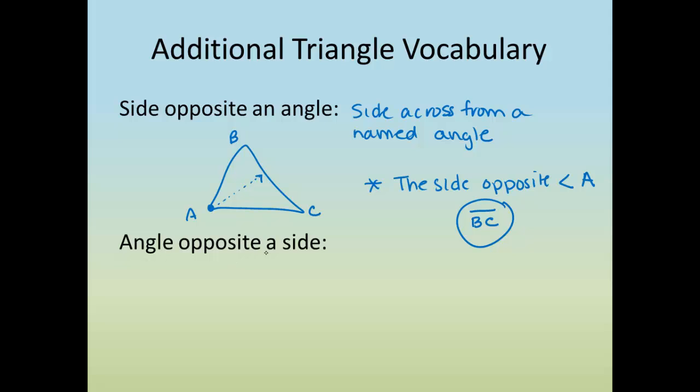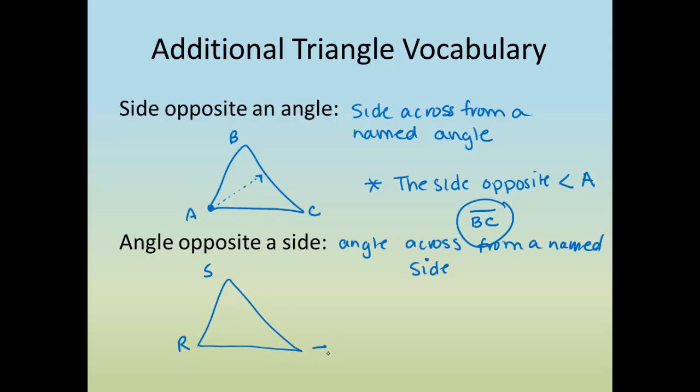An angle opposite a side is an angle across from a named side. So it's really the reverse. Again, we'll draw a triangle. This time let's label it RST.